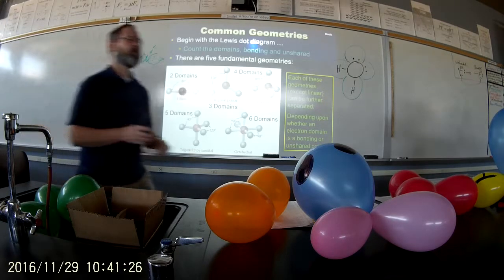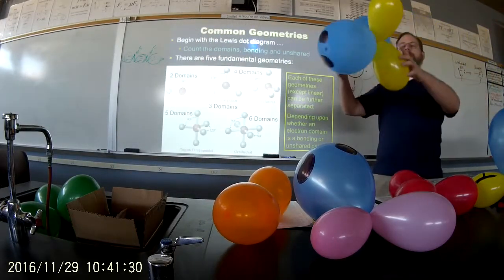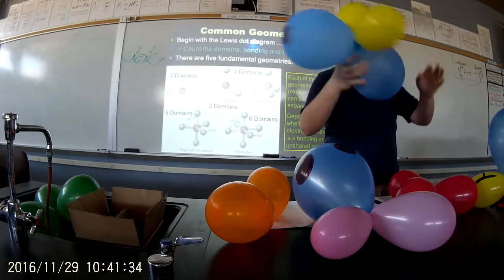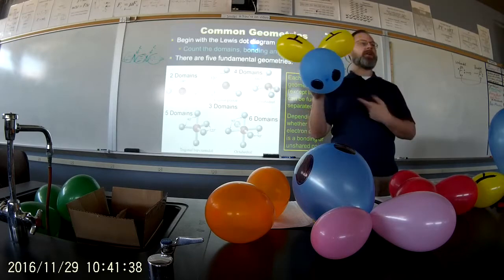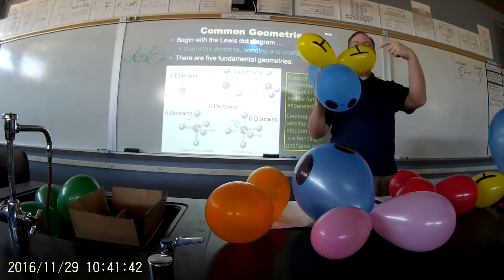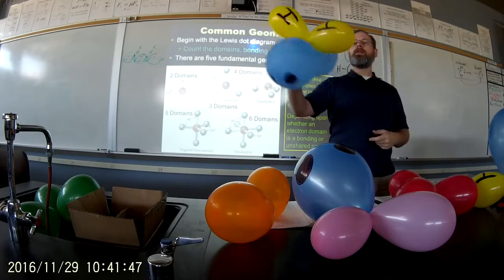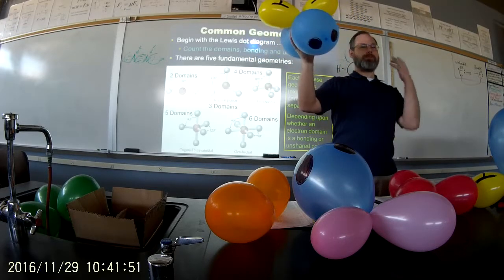Okay, this is water. Hi, water. Can you see how the blue represents the unshared pairs and the yellow represents hydrogen? And what you can't see in the middle is the oxygen. Oxygen's in the middle, hydrogen domain, unshared pair domain, unshared pair domain. How many domains does water have? 4.